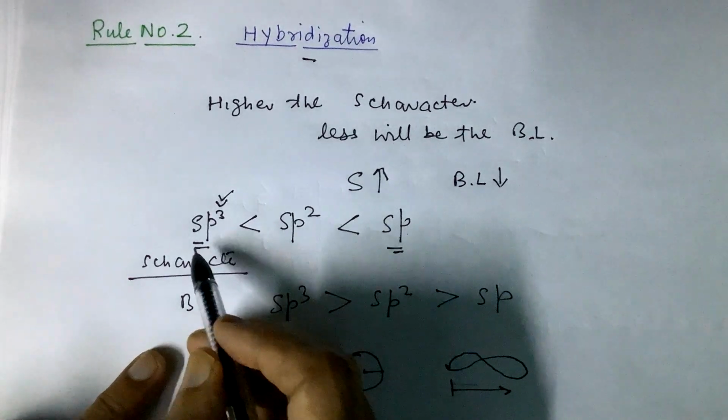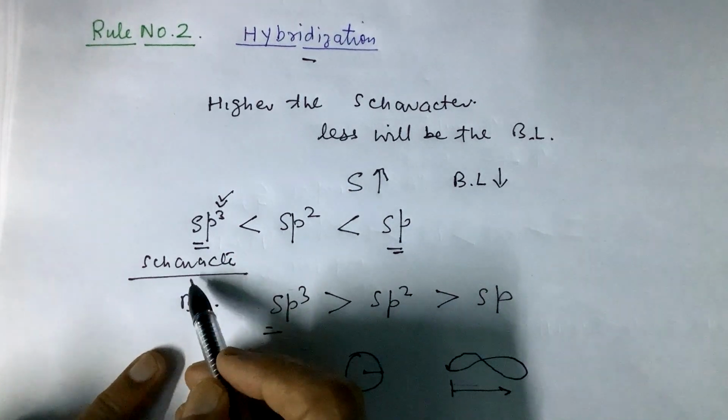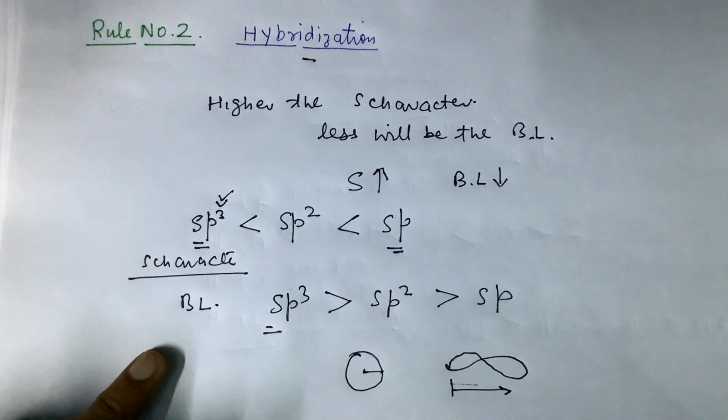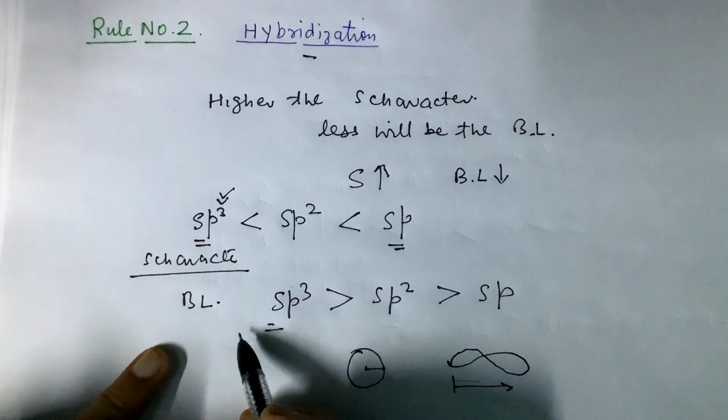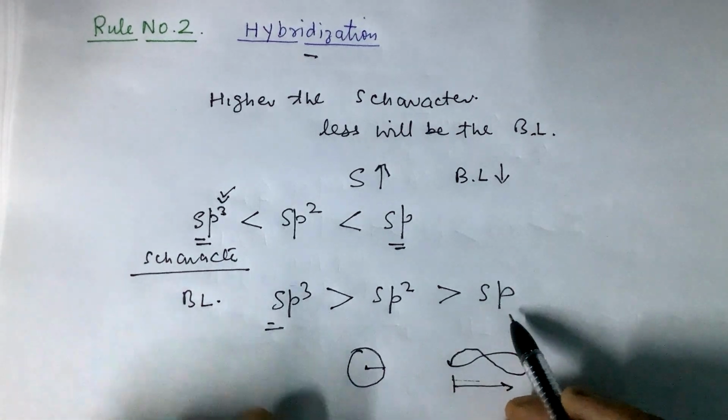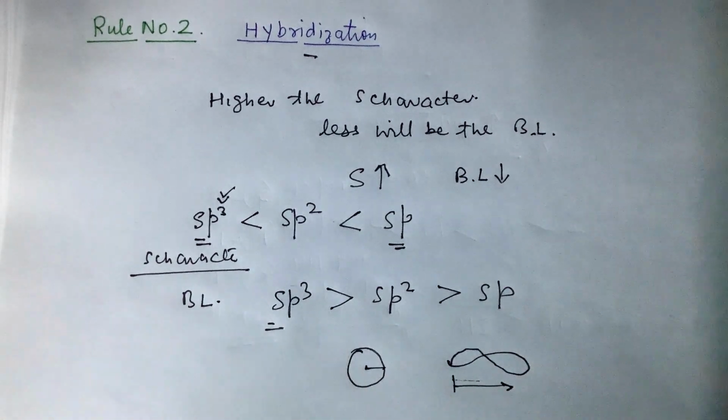So the higher the s character in the hybridization, the lower will be the bond length.